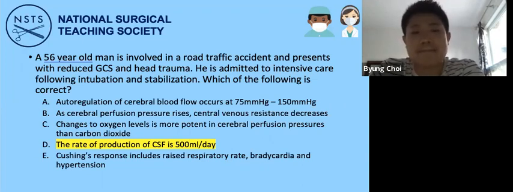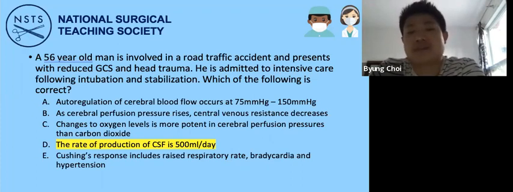In terms of B, cerebral perfusion pressure rises, so as that rises, central venous resistance decreases. Now, think of cerebral perfusion pressure in the brain: in terms of the vasculature, if you have vasodilation, you have an increase in cerebral perfusion pressure, because more blood flow will go through.